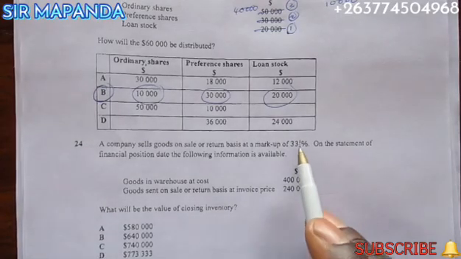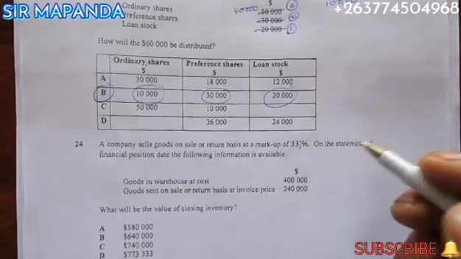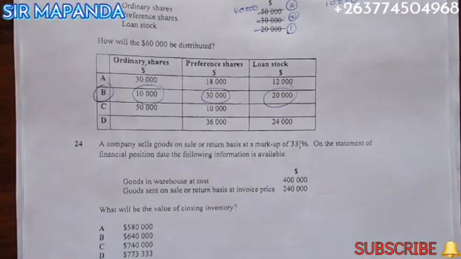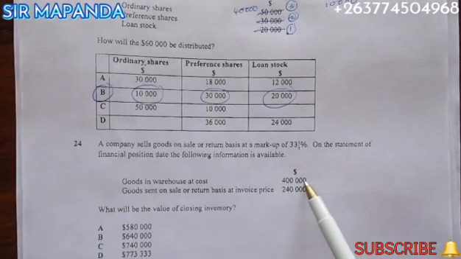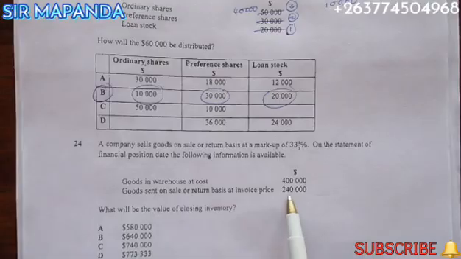Right, on a markup of 33 and 1/3%. On the statement of financial position date, the following information is available. Goods in warehouse at cost 400,000. Goods sent on a sale or return basis at invoice price 240,000. What will be the value of closing inventory?